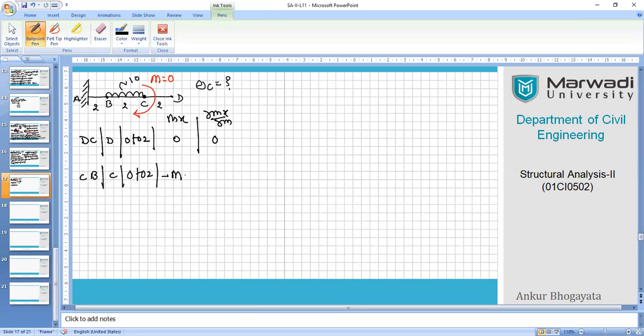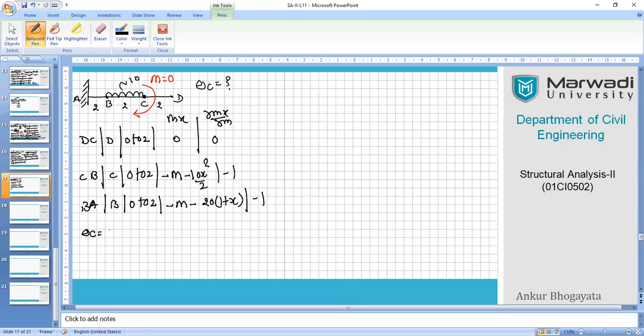Now minus m minus 10x square by 2 minus 1, and finally B to A, B becomes the origin, 0 to 2 meters, minus m minus 20 into (1 plus x) and then minus 1. So guys, there is no need to work upon this. What I wanted to tell you is that you will be learning a new behavior, and to your surprise, the answer will be the same. But try it first.